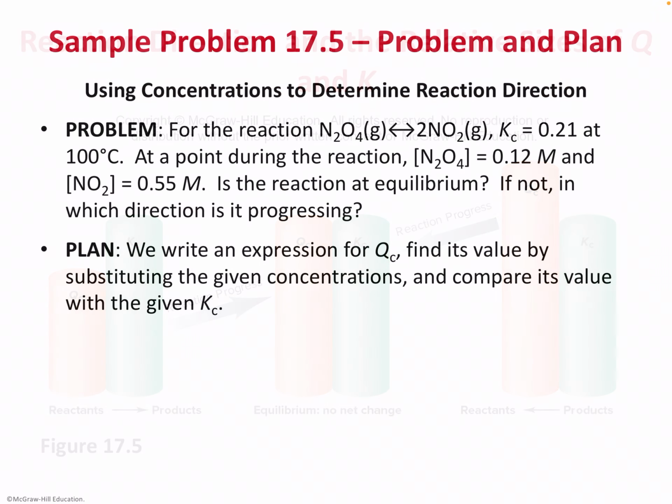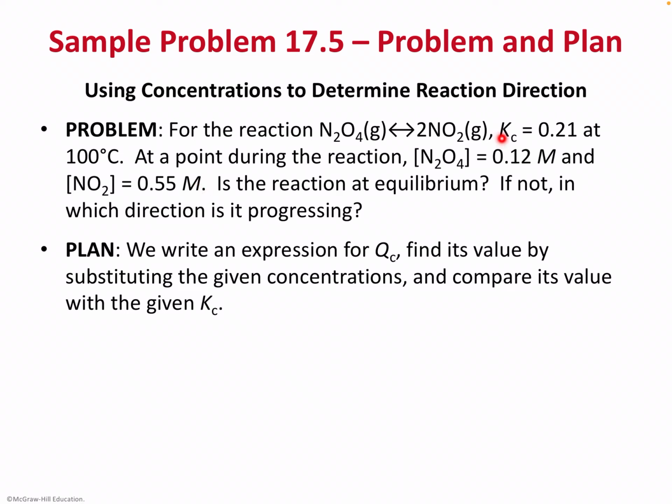Okay, so let's look at some questions that will help you understand these concepts. For the reversible reaction N2O4 going to NO2, Kc is given as 0.21. At a point during the reaction, N2O4 is 0.12 molar and NO2 is 0.55. Is the reaction at equilibrium? If not, in which direction is it progressing?